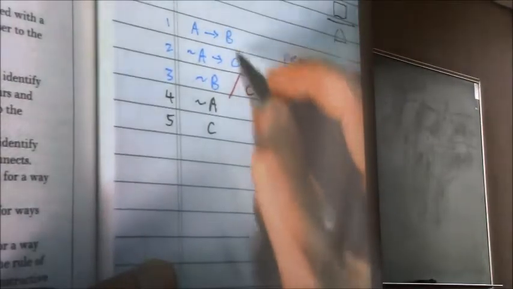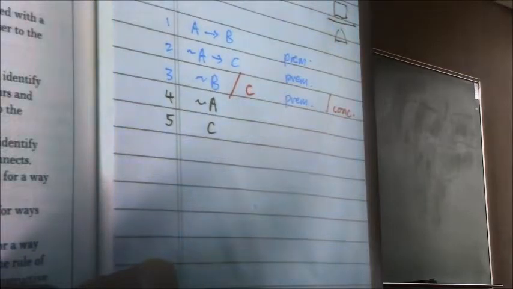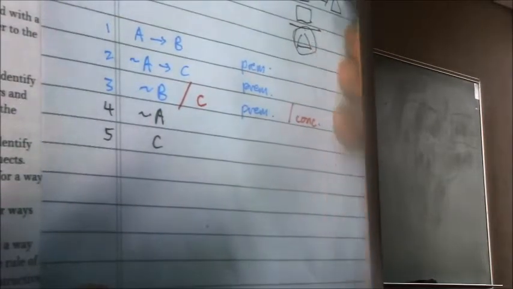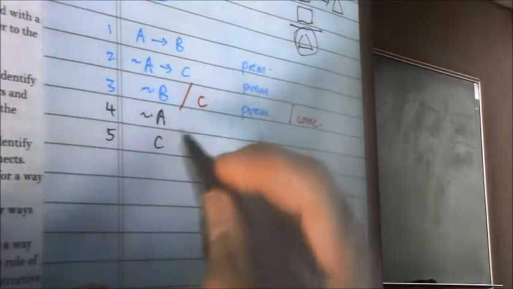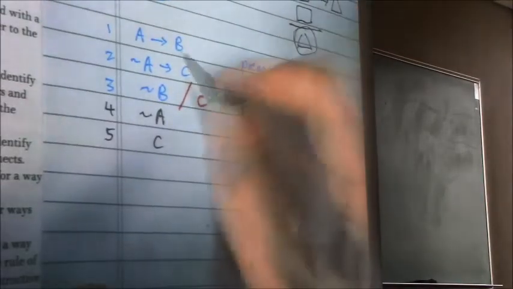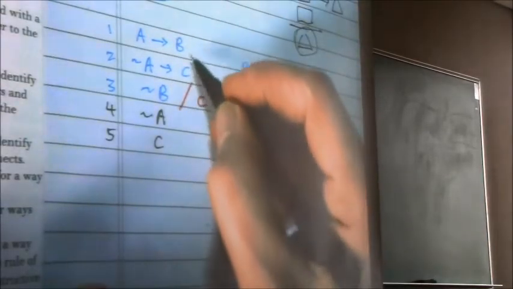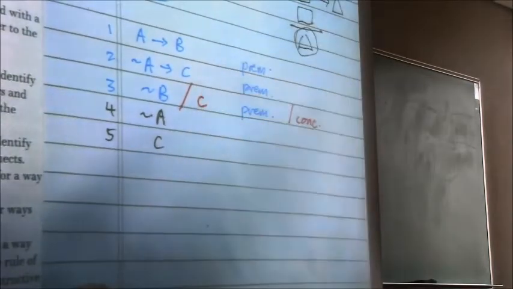But not A is not the consequent of any of those things. So if we arrived at this by modus ponens, we would have to have a conditional as one of these where not A is the consequent, but we don't. We've got B here and we've got C here. So we don't get not A by modus ponens.